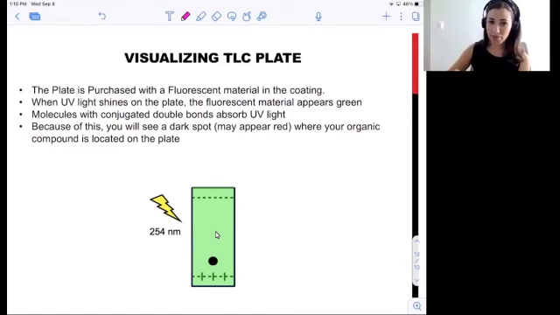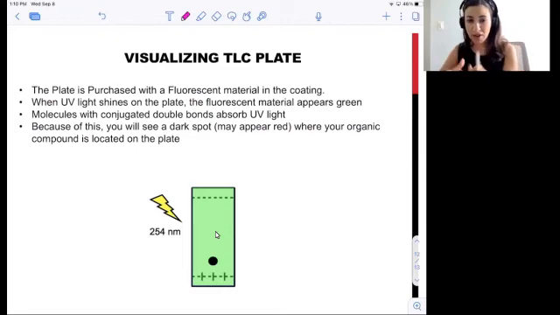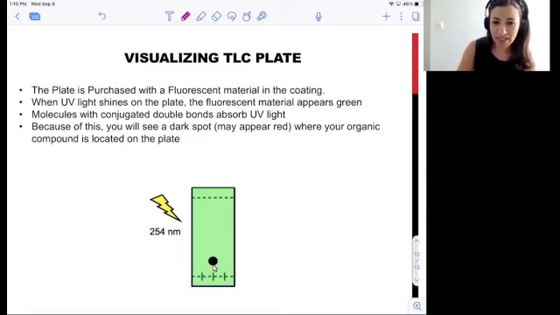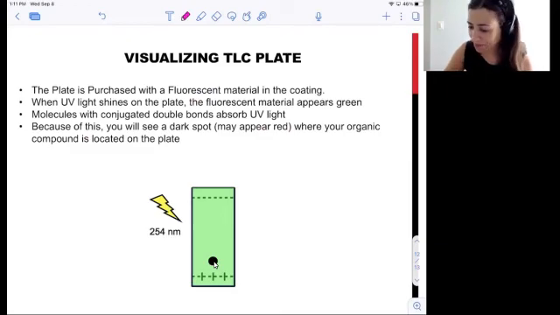So everywhere on the plate that none of your organic molecules are, you'll see the green light come back at you. If you had an organic molecule that absorbs UV light, instead, you'll see the absence of green light, which may almost look like a dark spot. And that's how we know we have one of these important components we're looking for.